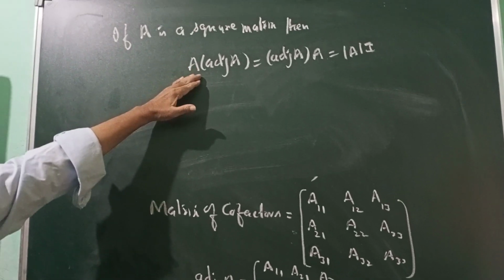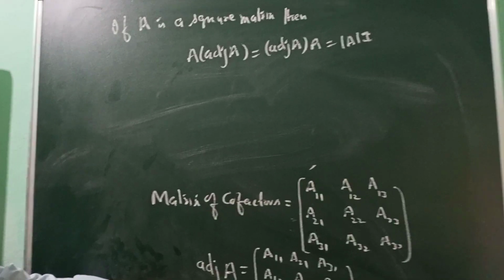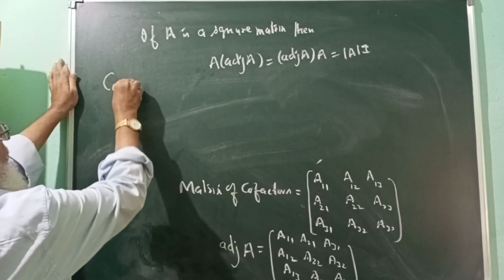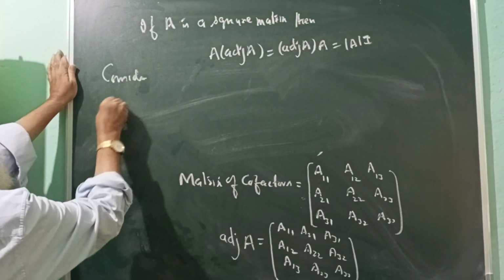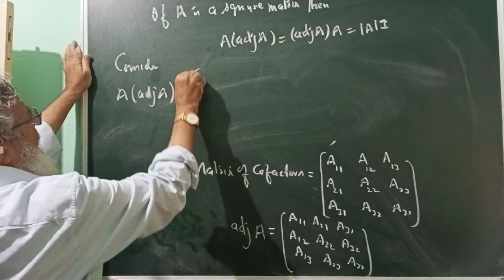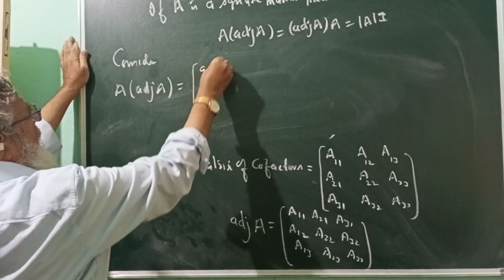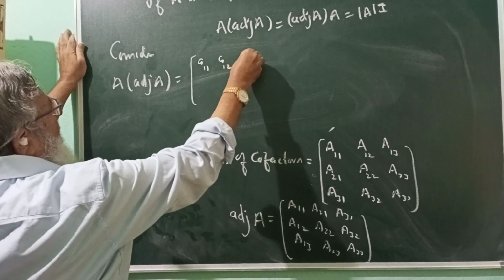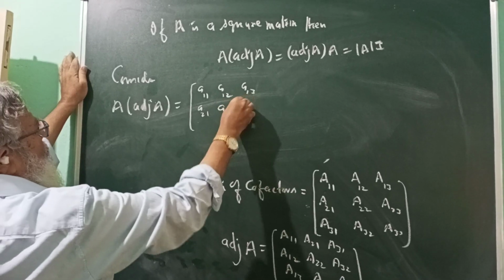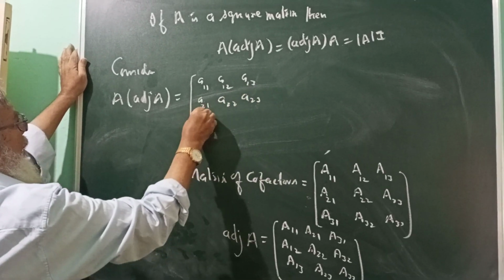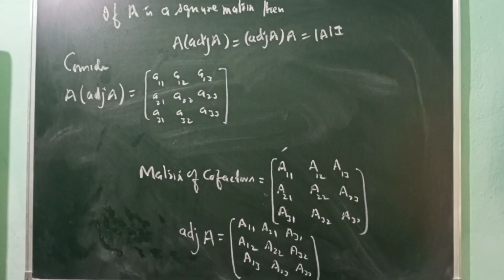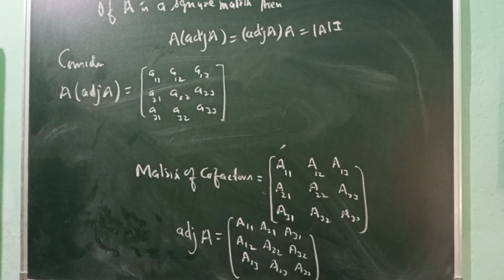So consider A into adjoint of A. A is given by a11, a12, a13, a21, a22, a23, and so on, a third order matrix A. Now the adjoint we have already calculated and written, let us write it down directly.